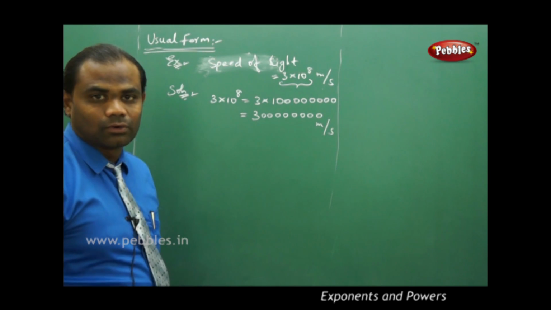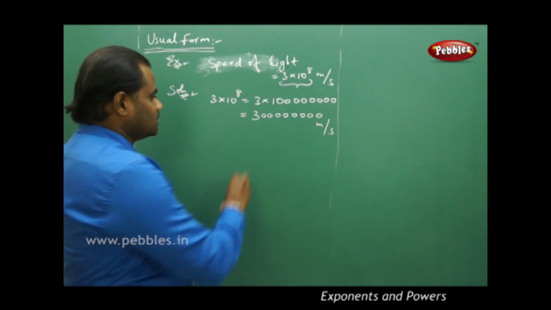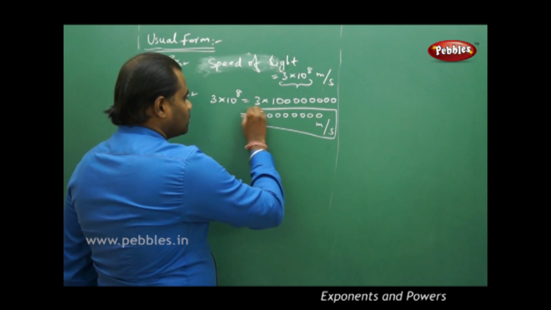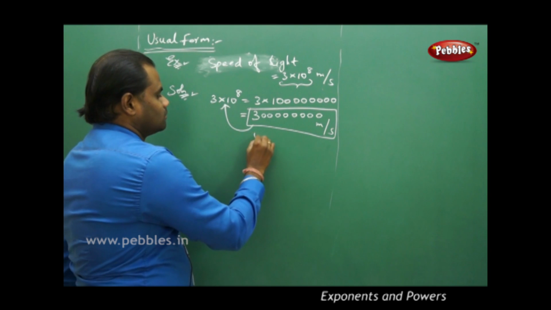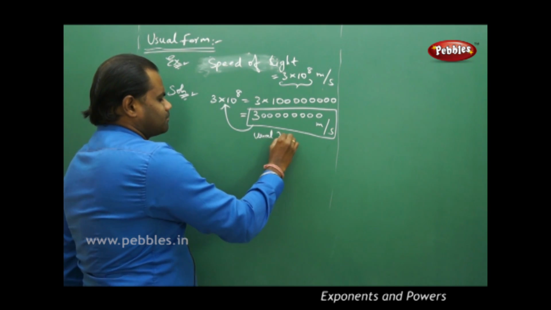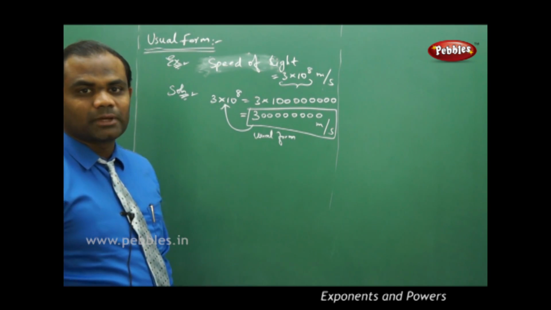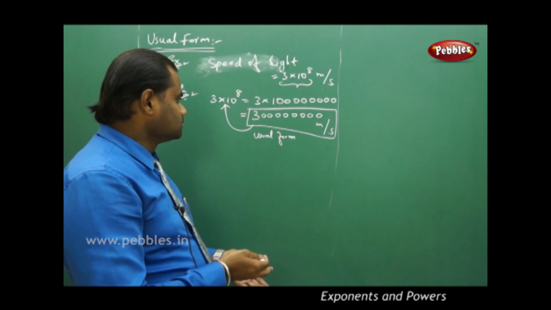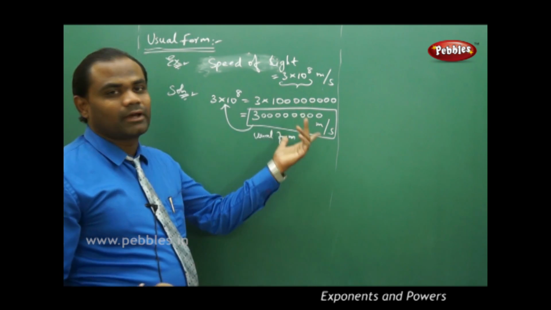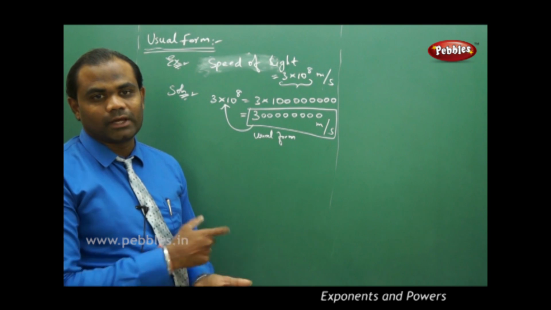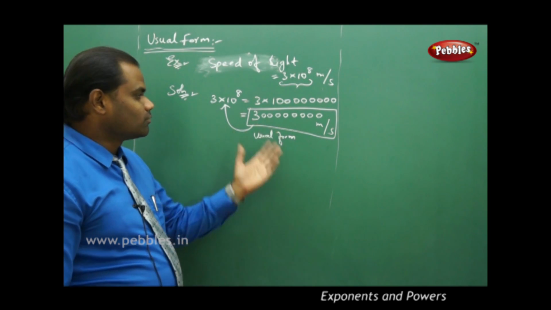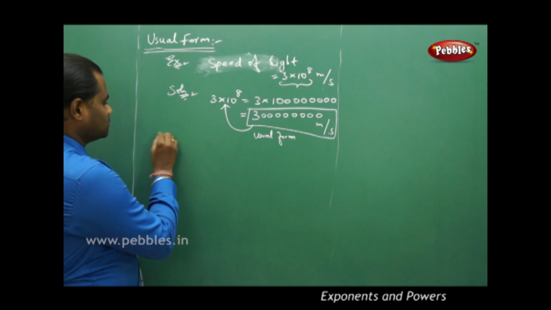So this is 30 crore meters per second, which is called the usual form of the given problem. So standard form can be converted to the usual form in a simpler way by just simplifying and finding the product of a and 10 power n. So this is one of the examples through which we understand the usual form.